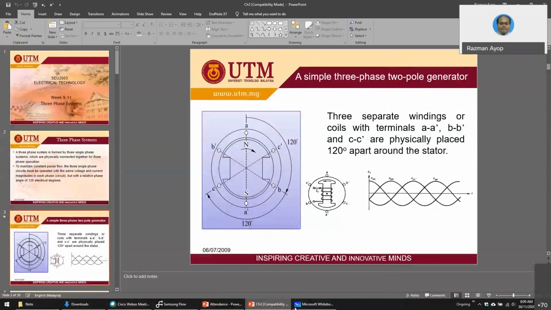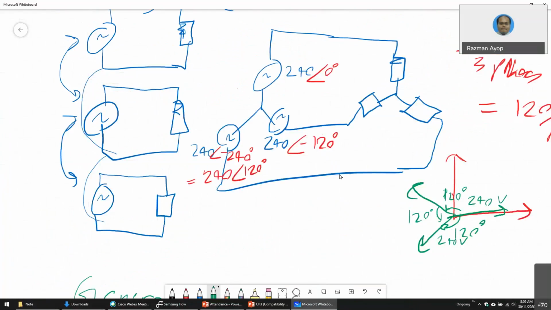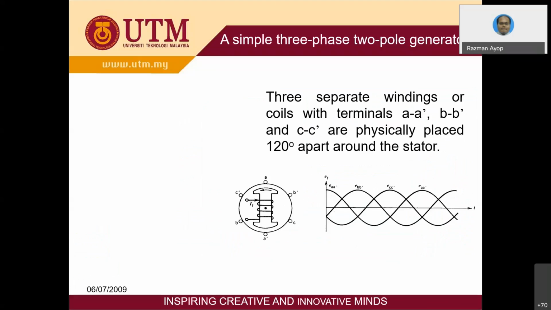So basically, if you look here, this one is a generator. What is the waveform? The waveform is basically like this, like a ribbon.